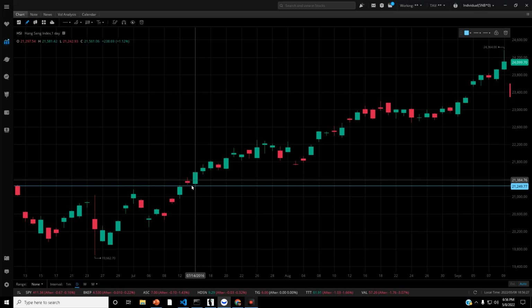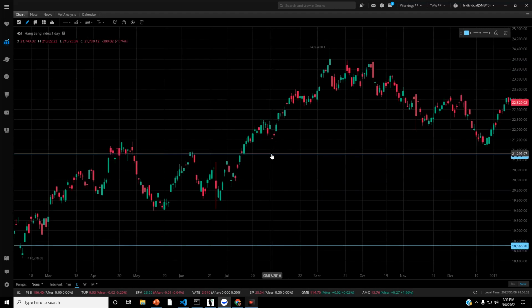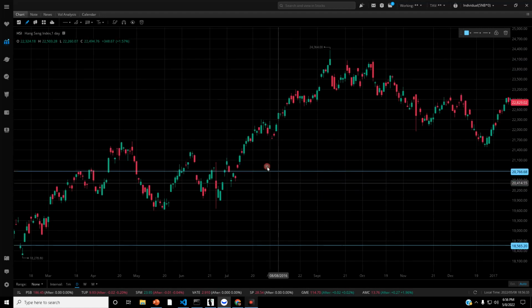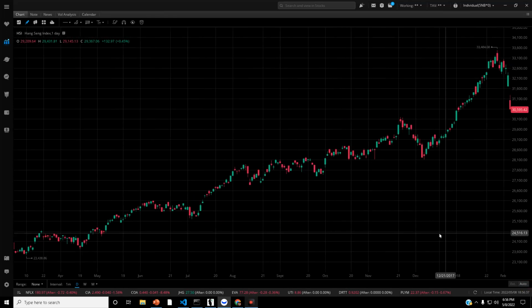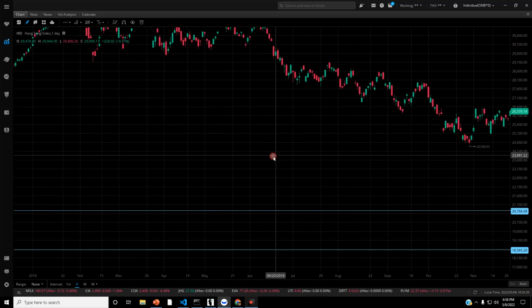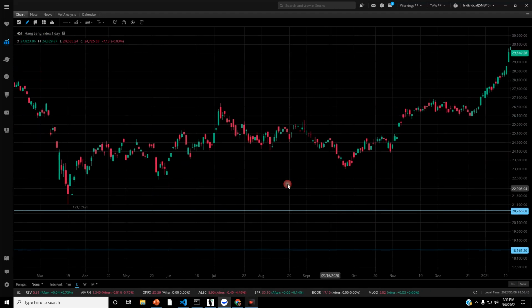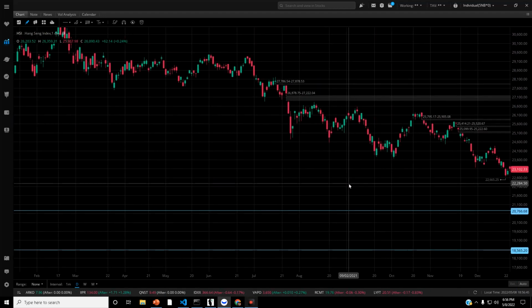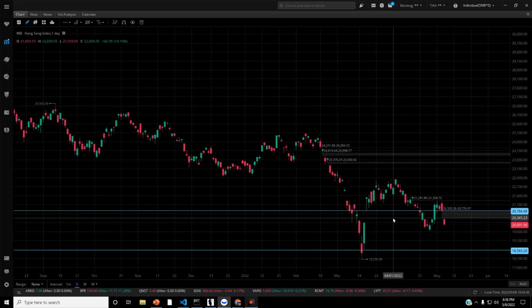Oh my god, it's $10 off. That is insanity. There's a gap here. When did this gap get filled? Let's go look. Right there. So there's more than meets the eye.